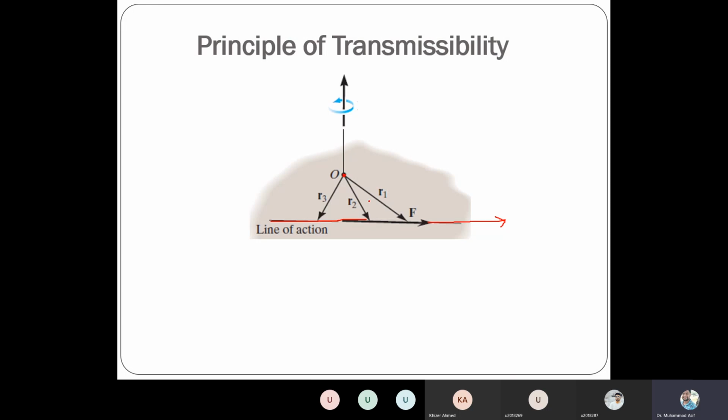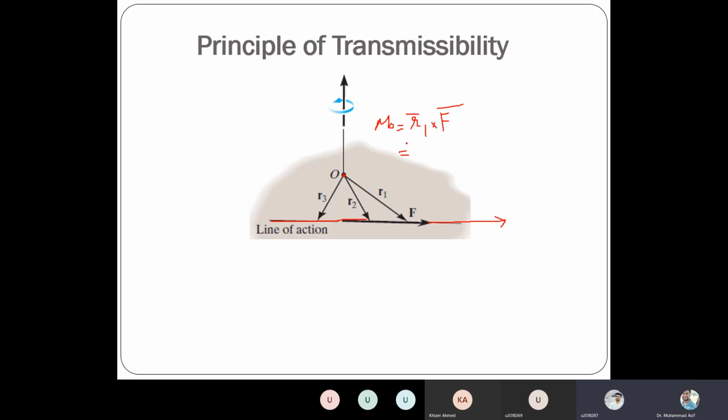You can take R1 as a moment arm, and R1 cross F will give you the moment about O, because this is a position vector and F is the force vector.